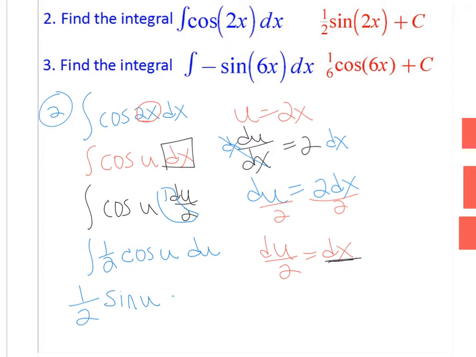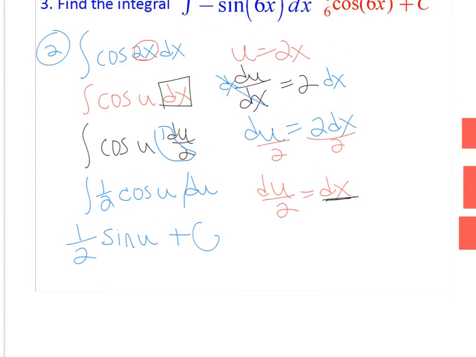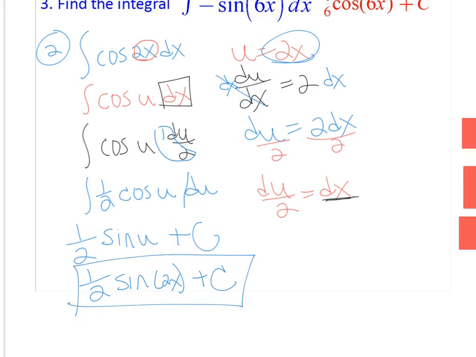There's no numbers on my integral, so I'm going to do plus c. And then as a last step, I'm going to plug the u back in. And this is our final answer.